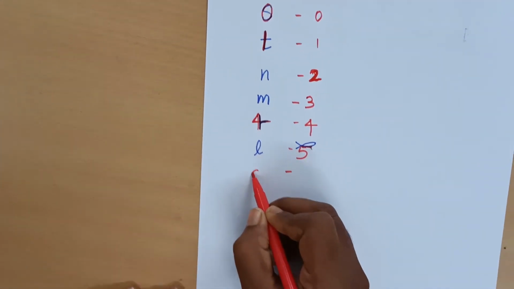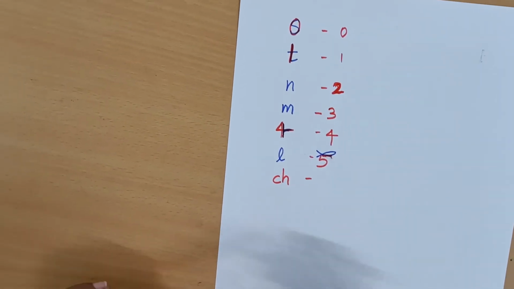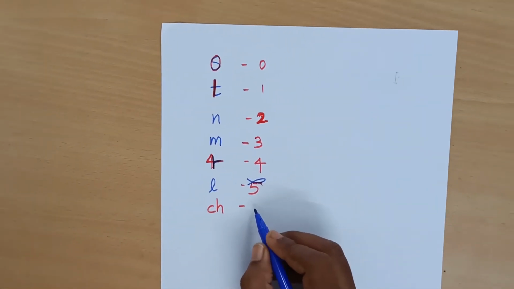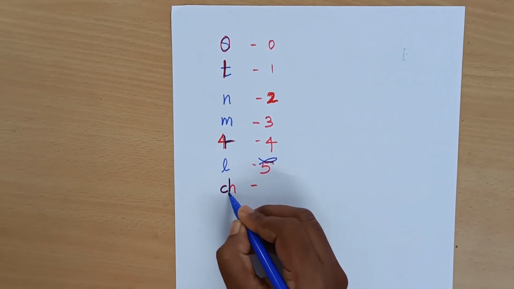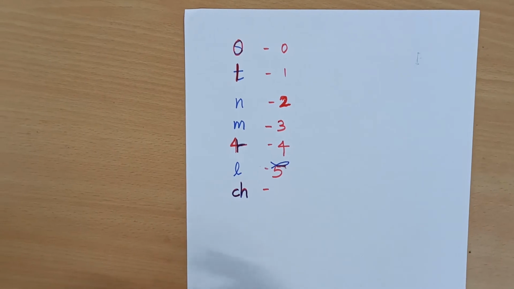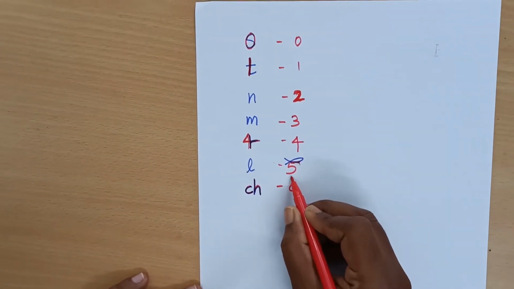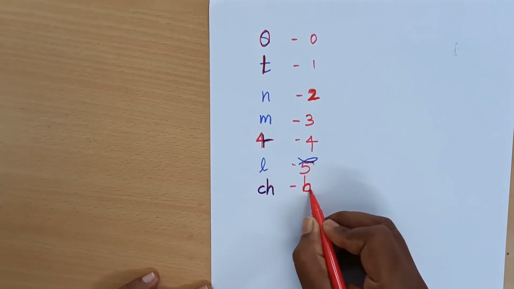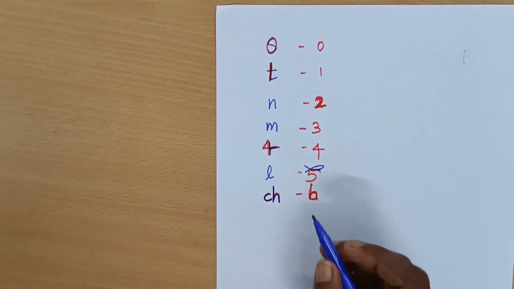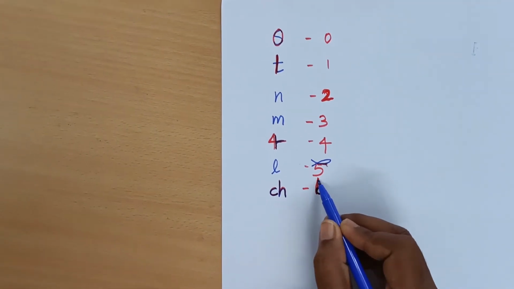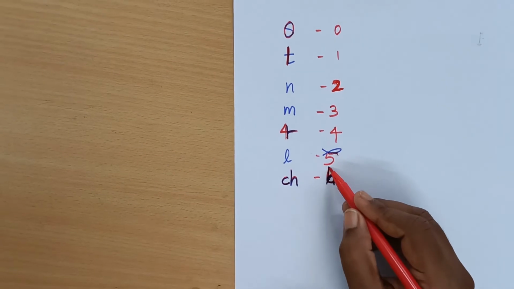and ch is like, so this should be, ch is, when I write ch, c, and on top of it I write h, so that becomes c. So I write c, on top of it I write h, and that is 6.